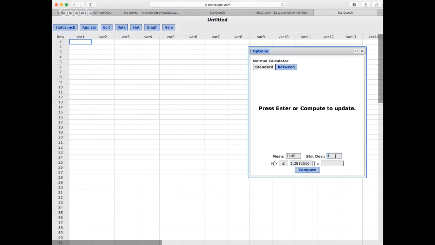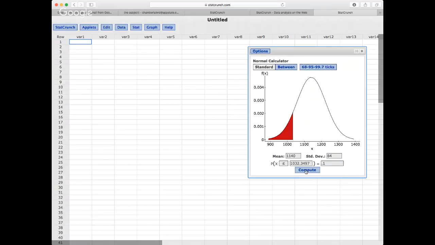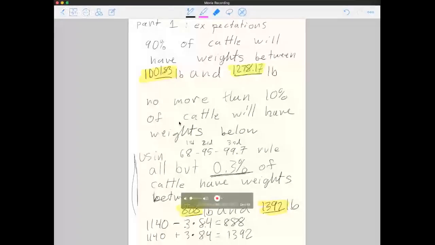1140, 84, get me the 10th percentile. So only 10% of cows have weights below this 1032.35. So let me share my thing over here. There it is.